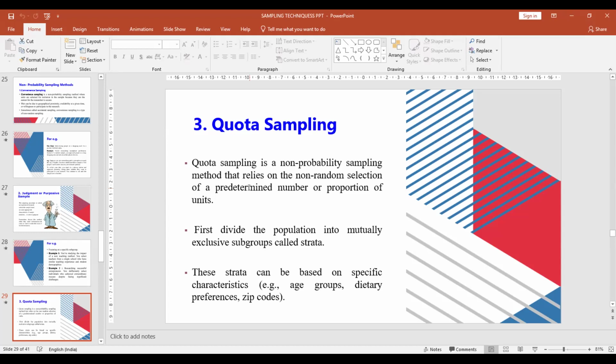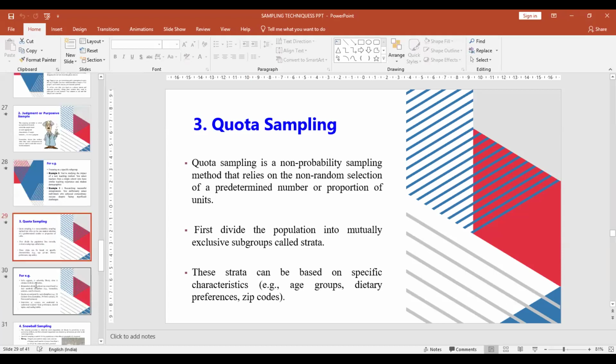It involves division into mutually exclusive subgroups called strata. These may be age group, dietary preferences, zip codes, and so on. For example, let's suppose a university library aims to enhance its book collection.